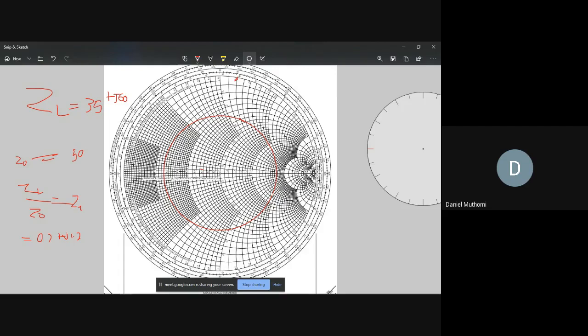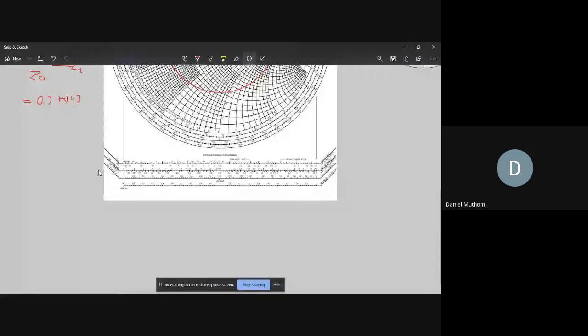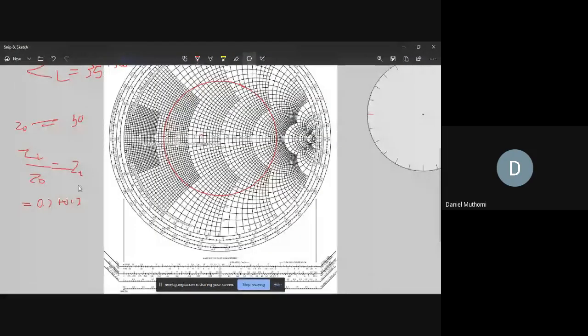For this one, I did it early. It was around 3.9 or so. So that's the first thing you'll be asked. The next thing will be to find the voltage reflection coefficient.